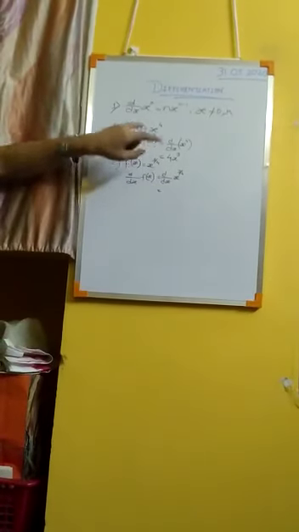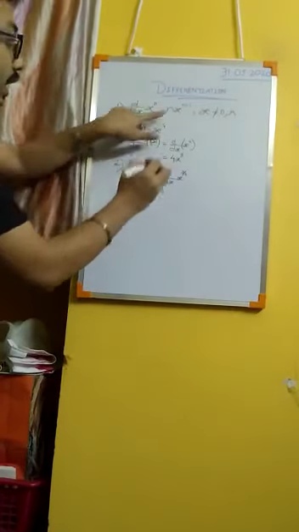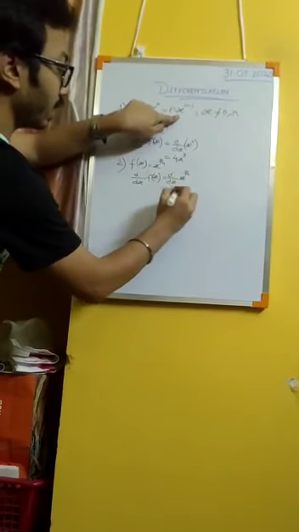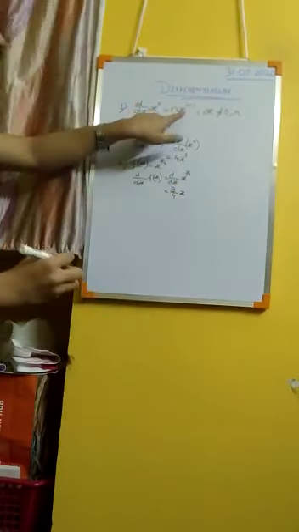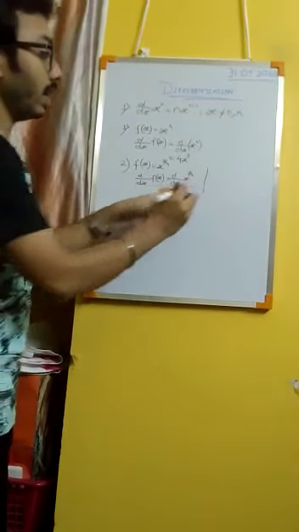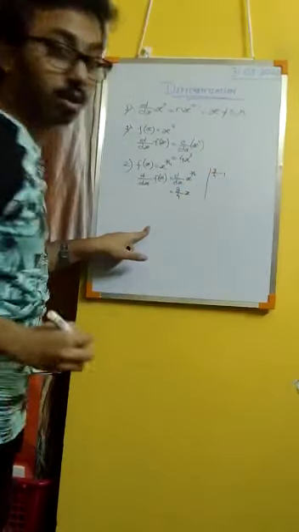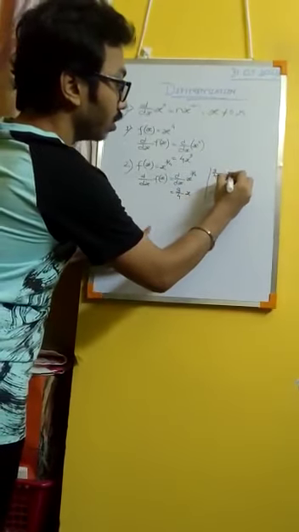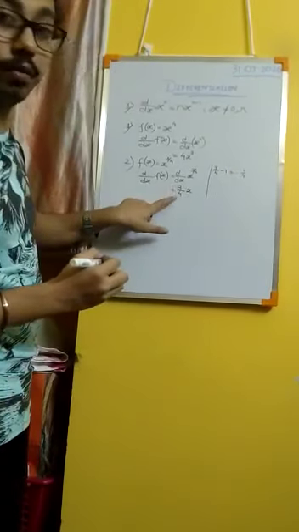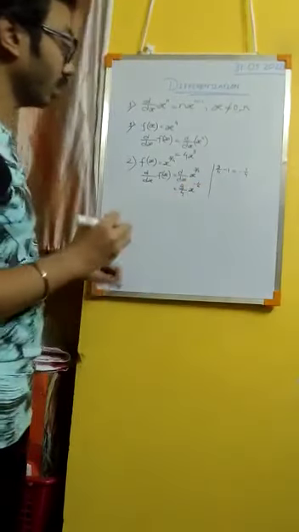Here n is equivalent to 3 by 4. So n, 3 by 4, x, now n minus 1, where n is 3 by 4. So n minus 1 is 3 by 4 minus 1, which is equal to minus 1 by 4. So 3 by 4 x to the power minus 1 by 4.